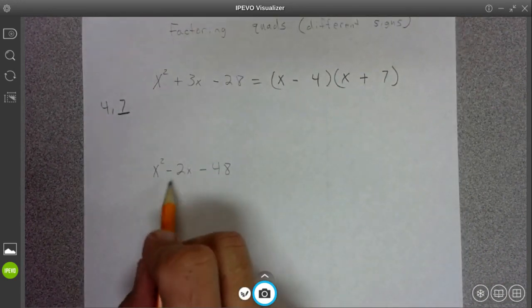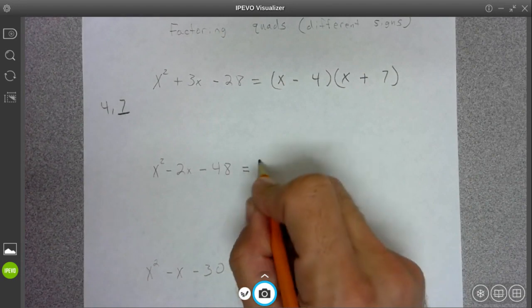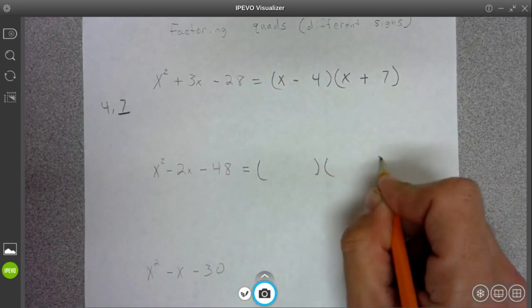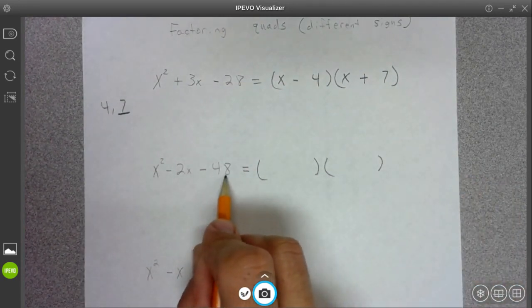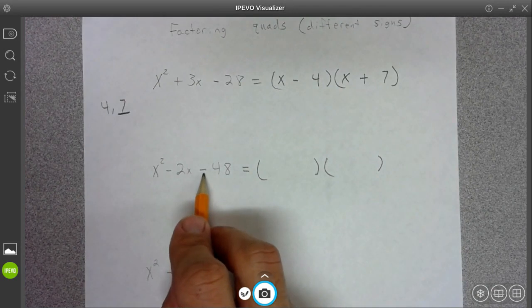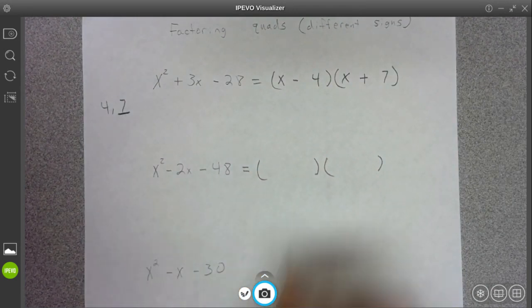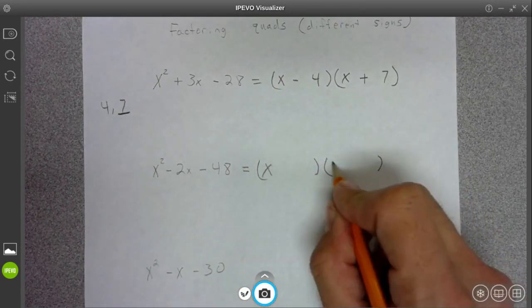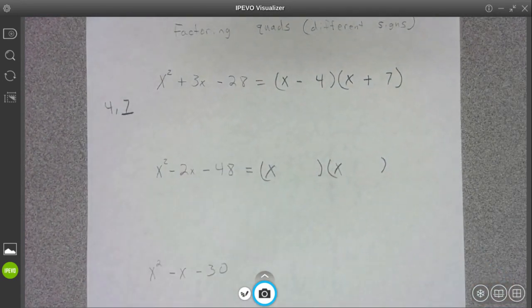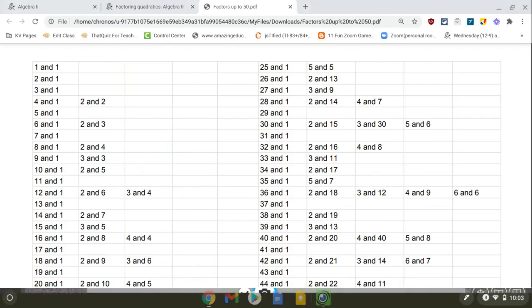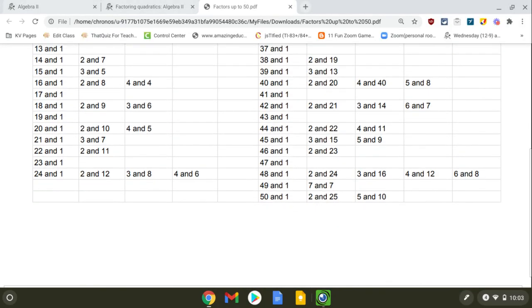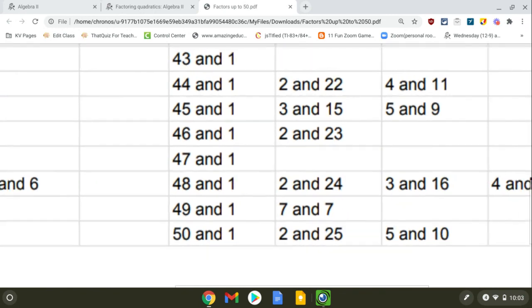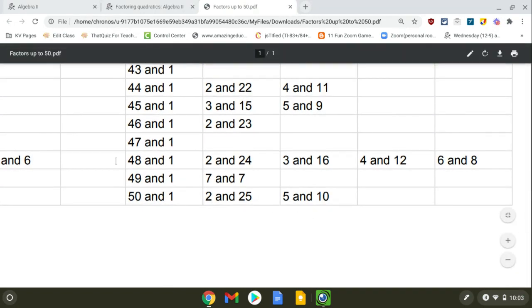So this is going to be similar here. We need two numbers that multiply to 48, and they will subtract to give us 2. Give that a think real quick. Find two numbers that multiply to 48 and subtract to give you 2. I'm going to use my list. This is the set of numbers that multiplies to give us 48.